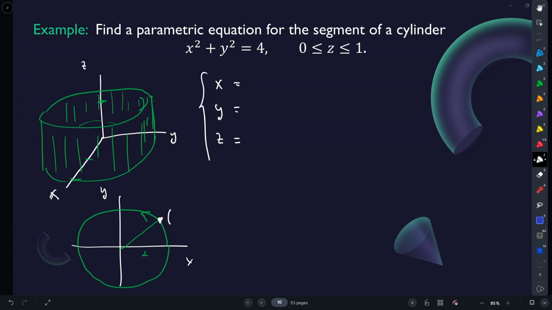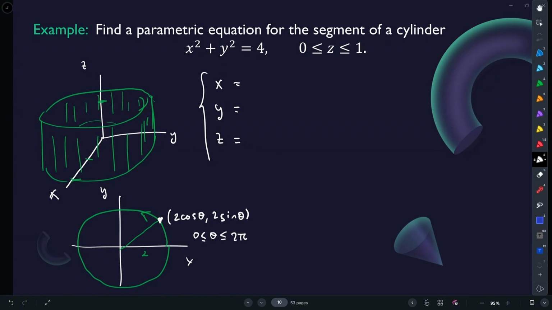Just use cylindrical coordinates. That's what cylindrical coordinates do. They parametrize cylinders. So this is r cosine theta, r sine theta. That parametrizes that point, and by the way, this is parametrized with theta between 0 and 2 pi, one full loop.